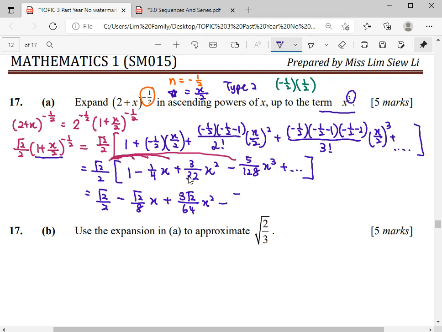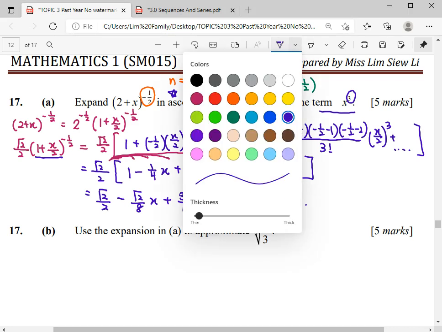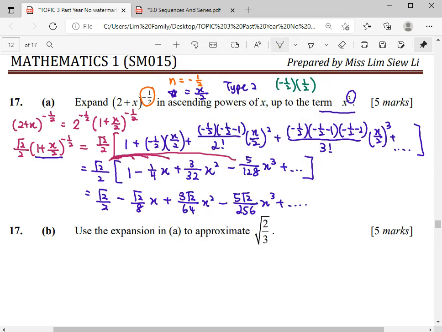Then continue, 5 square root 2 over 256. Okay, so actually my coefficient in front here is this.